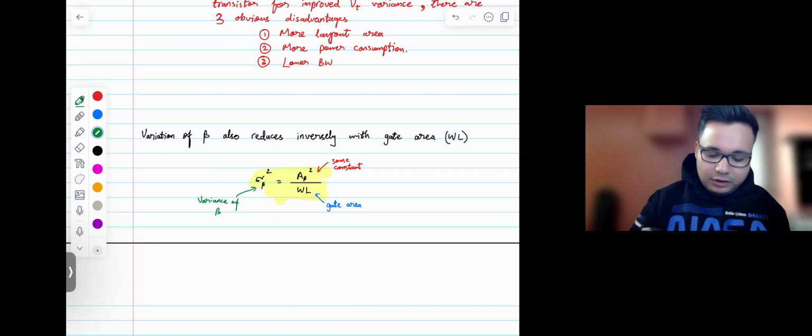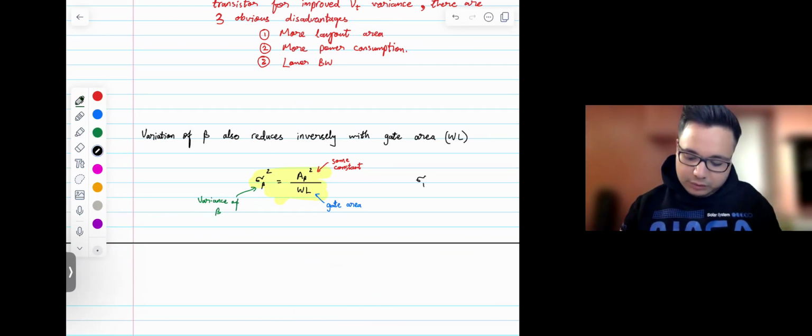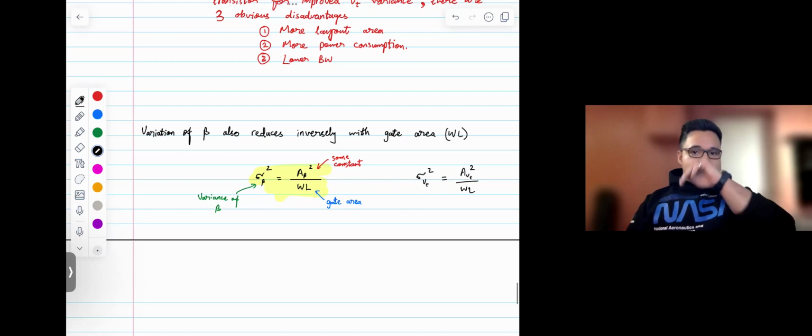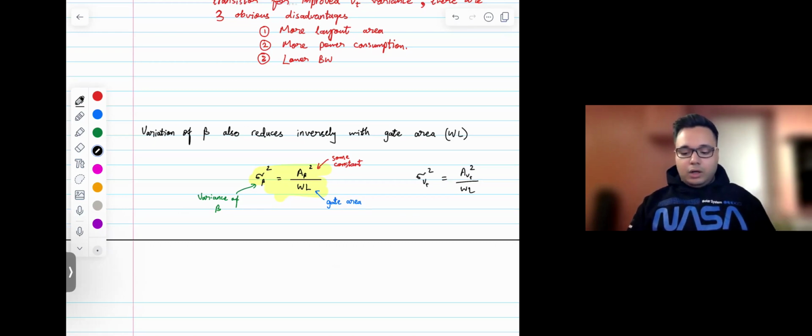So this is very similar to the VT equation that we talked about. So variance in threshold voltage is like A_VT squared over W times L. So very similar form of equation. So anyway, that's the variance equation for the threshold voltage and beta.